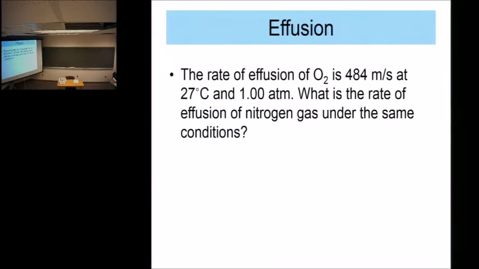Molar mass 2. No. Molar mass 2 goes on top. Molar mass 2, that's this one. Be careful that you get the right one. Molar mass 2 over molar mass 1. 32 on the bottom. Don't forget your square root sign. I would do square root of the whole thing.